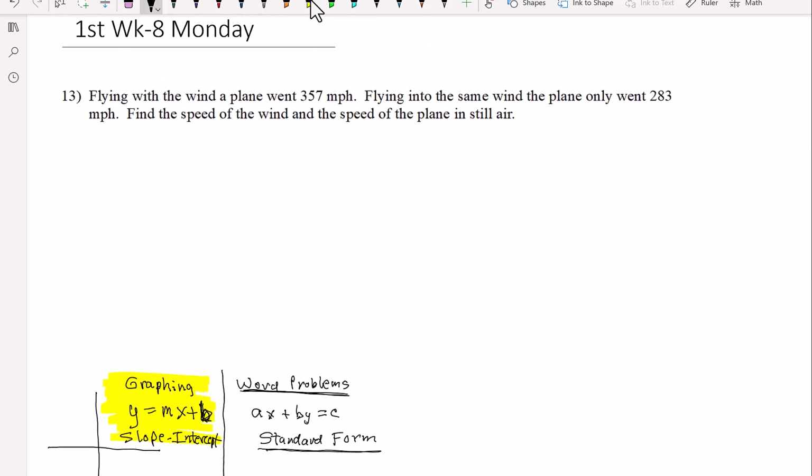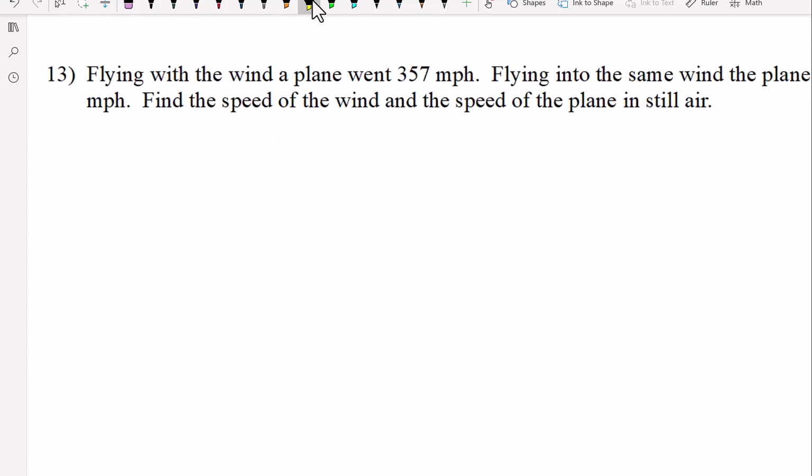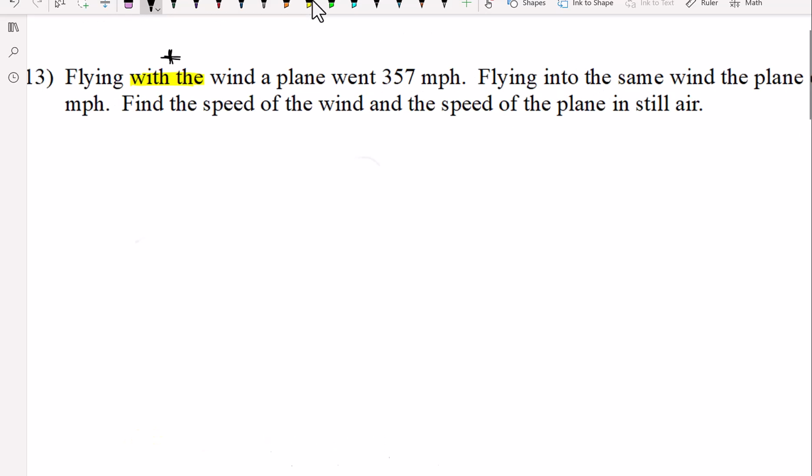So flying with the wind, by the way, as you read left to right, with means it forces the plane to go faster. So this is going to be a plus sign. We're talking about find the speed.